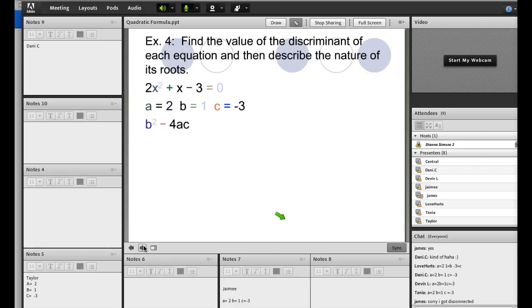That's okay, James. So here's my discriminant. B squared minus 4AC. Are you going to get a positive or negative number? Or is it going to be 0?